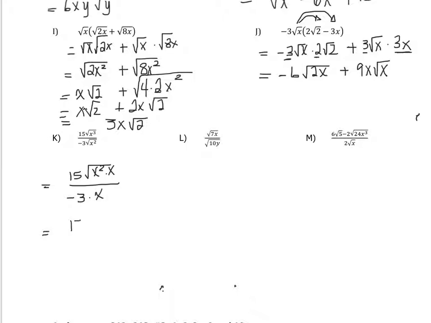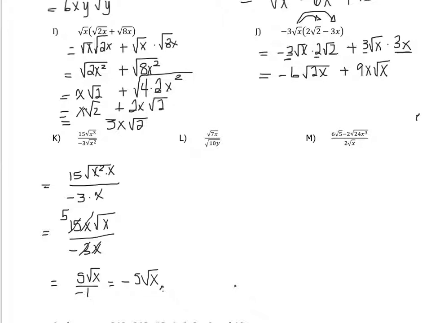And that would be 15x, because the square root of x squared would come out as an x. You'd just be left with a root x over negative 3x. And then you can cancel common factors, because 3 goes into 15 5 times, and these x's can cancel. So you'd just be left with 5 root x over negative 1, which is the same as negative 5 root x.